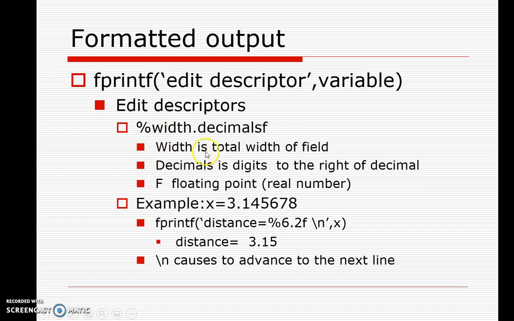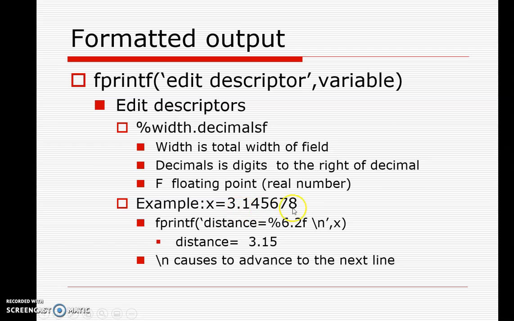Each edit descriptor starts with a %, and then it'll end with a letter that tells you what type of variable it is. If I'm doing a decimal number, then I'm going to go % and then number, dot number, and then an F. The first number is the total width, how many spots you want to save, and then how many decimals you want.